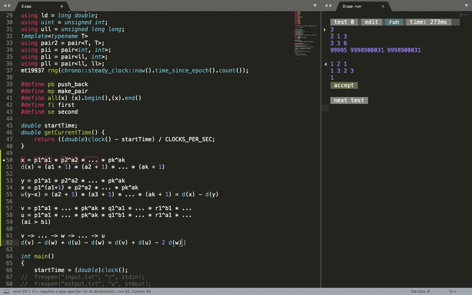The GCD is, let's say v is greater than u, then w is just u, so this is the number of divisors of v minus the number of divisors of w, which is the number of divisors of u, and this is the length of the edge. So let's look at the smallest counterexample.